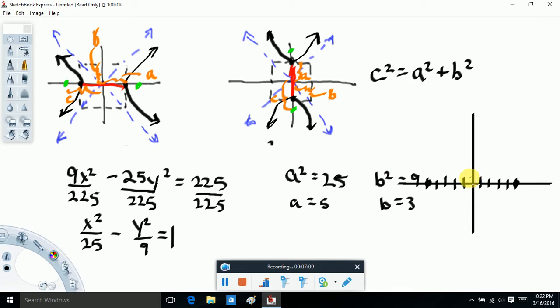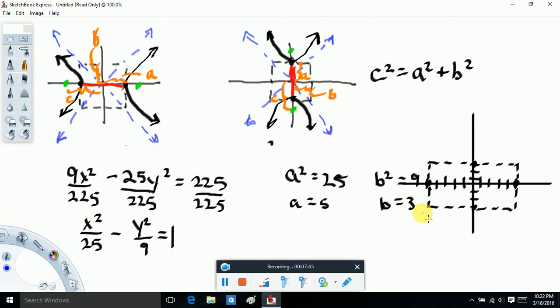Now we can form the central rectangle. Since b is 3, we go up 3 and we go down 3. So now we have the central rectangle formed, and we can draw the asymptotes.